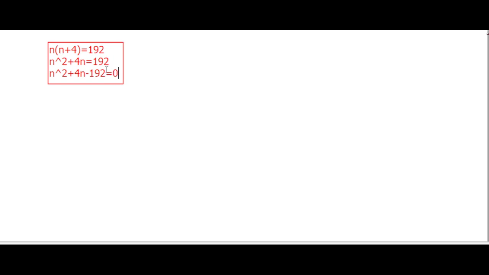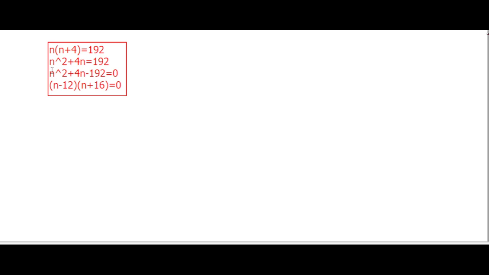Now let's factorize this, or we can use the quadratic formula for this. So this can be factorized: n minus 12 times n plus 16 is equal to 0.